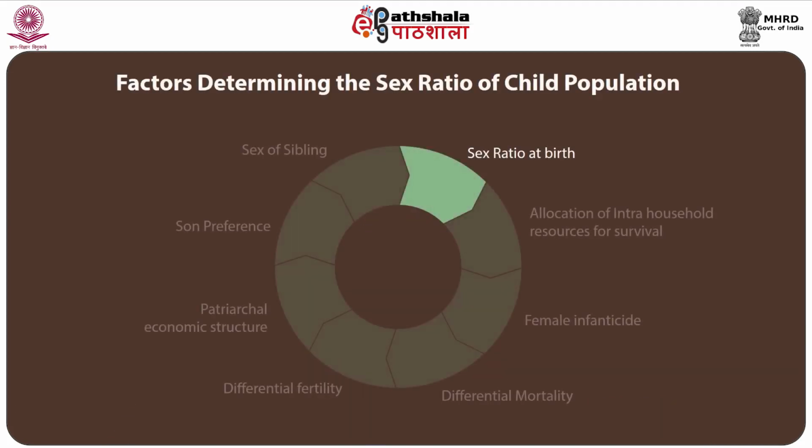We have already discussed the sex ratio at birth. We have already seen that the sex ratio at birth has been in favor of males compared to females in many parts of this country, against the normal expected sex ratio at birth.